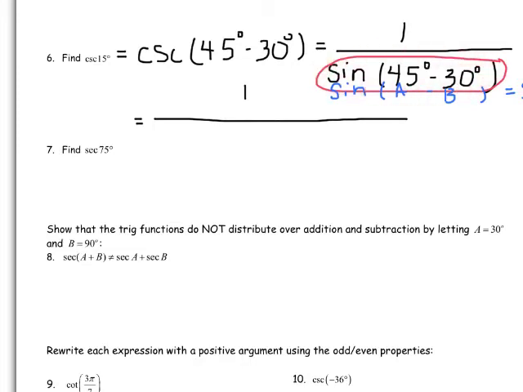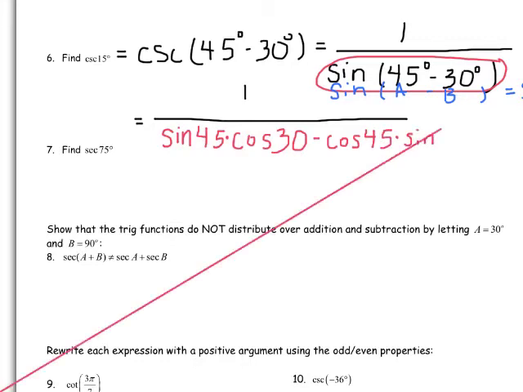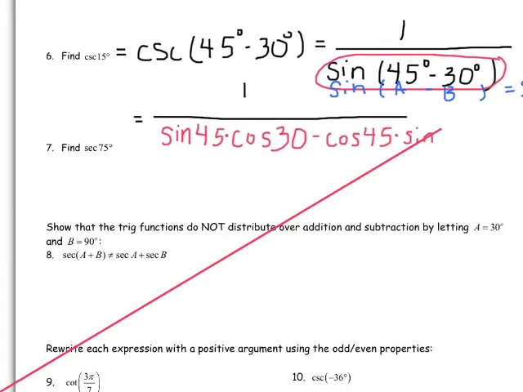So sine of 45 times cosine 30 minus cosine 45 times sine 30.